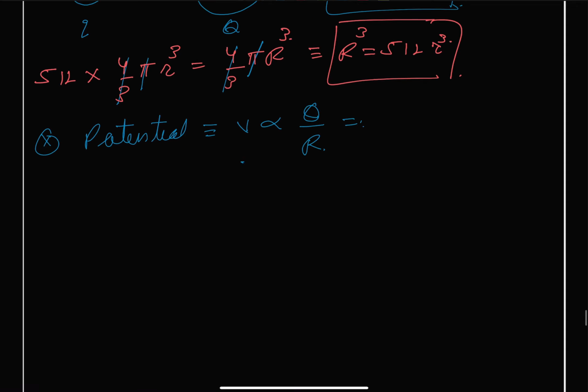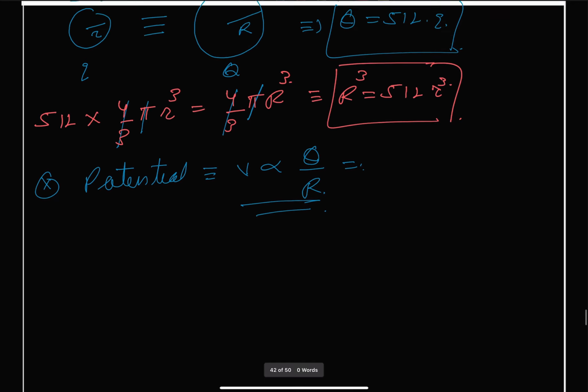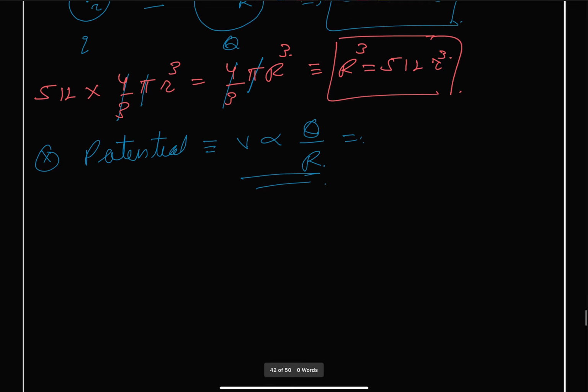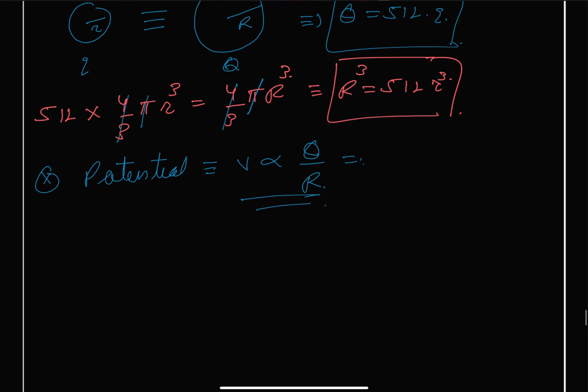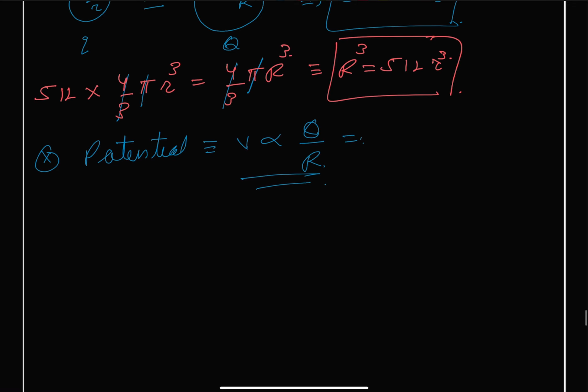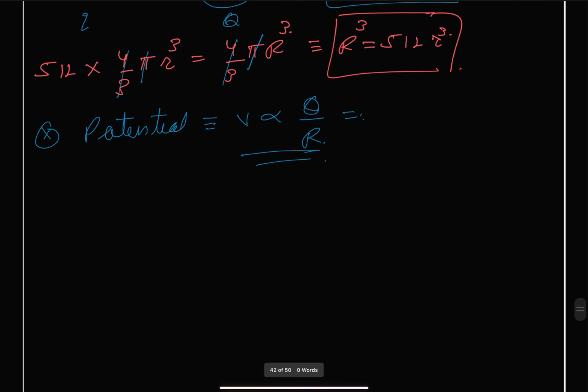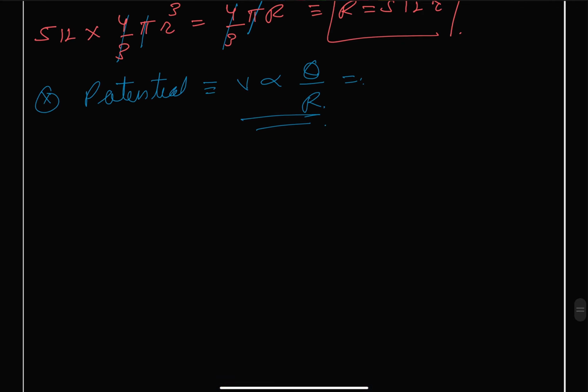So we can write that the new potential, because our one second. Okay. So if the potential of this larger drop is our V new, therefore we can write that our V new is proportional to our total charge divided by radius.